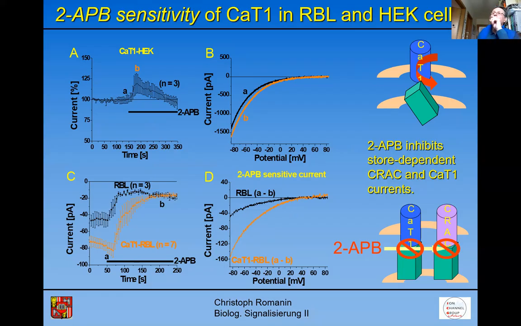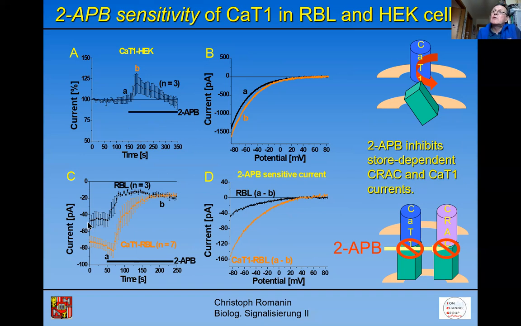Let me first show you the action of the inhibitor. It is a compound you do not need to remember the name of. It's called 2-APB, a compound that has been developed over several years meanwhile to be a blocker of crack channels.